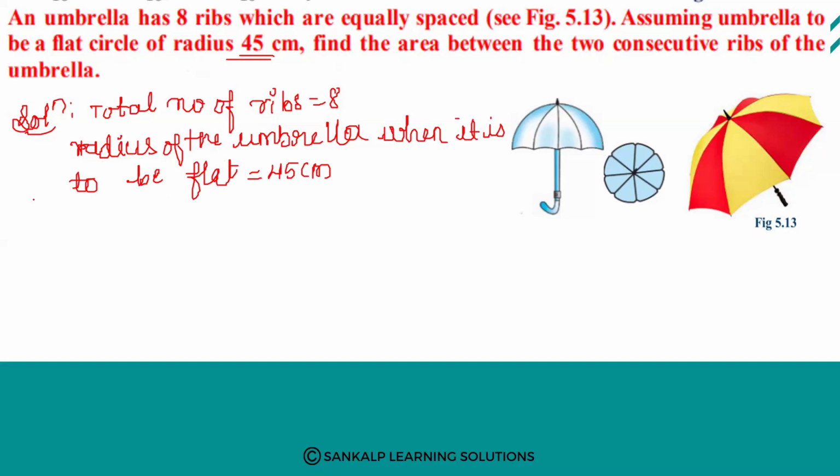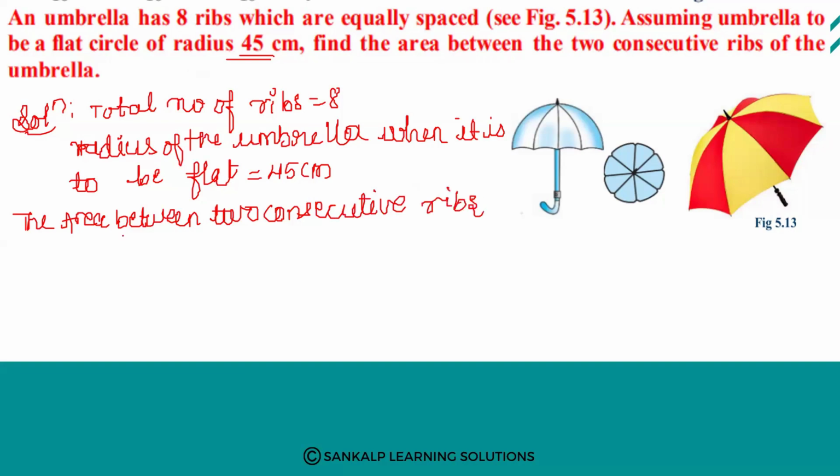The area between two consecutive ribs can be calculated by total area divided by the total number of ribs.